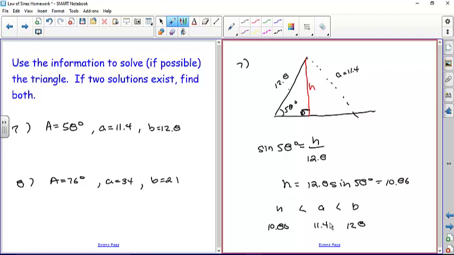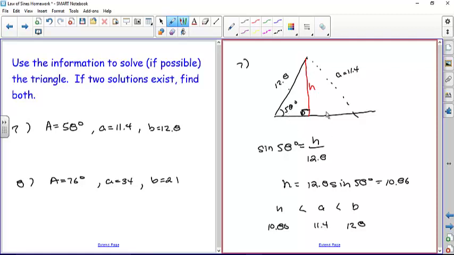So we do have this situation where this height, so when this thing rotates, because this height is less than 11.4, it is going to hit here, and then it'll come back around, and because 11.4 is less than 12.8, it's going to still have a triangle with 58 degrees.